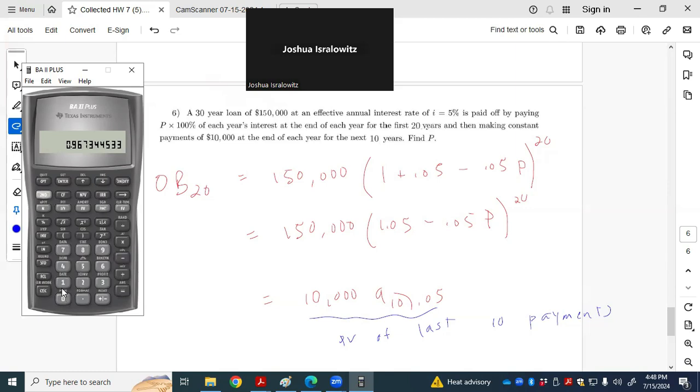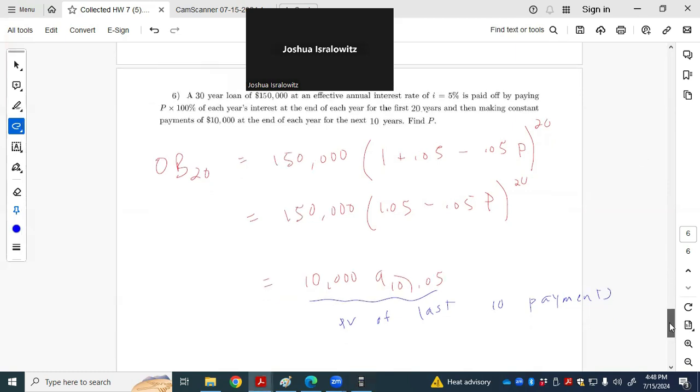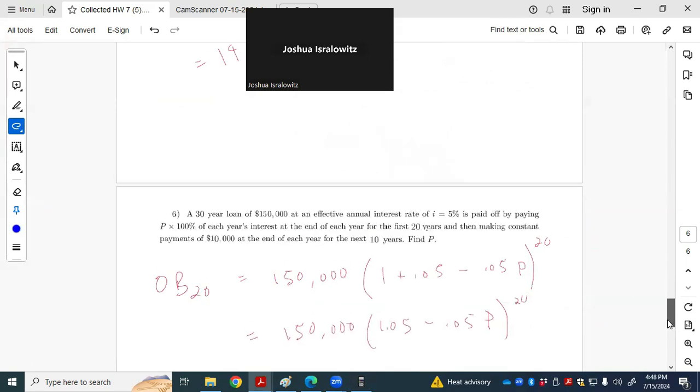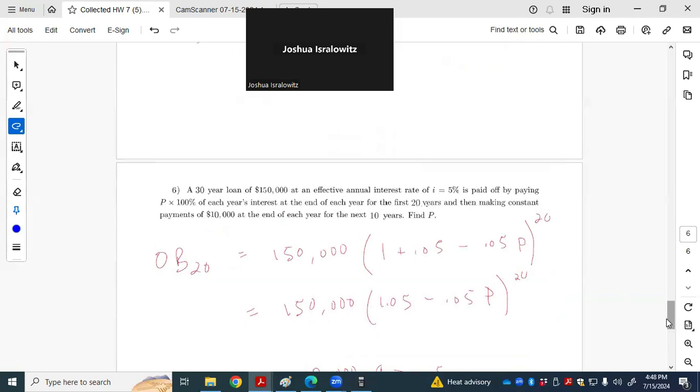Subtract 1.05. Divide by minus 0.05, and you will have solved for P. 1.65311 corresponds to 165% of each year's interest. P times 100%.